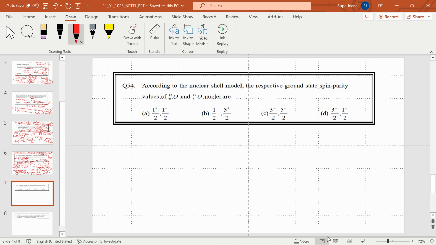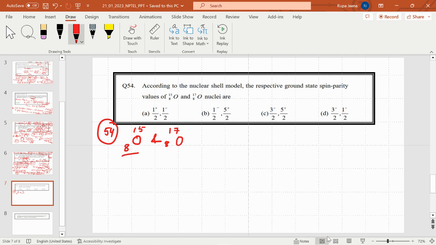Now this question is also a very easy question. I have done this question so many times in the class, and these questions are also coming in the exam for 1 mark, if you see the pattern of GATE. So this is oxygen 8, 17, and these two are isotopes of oxygen.